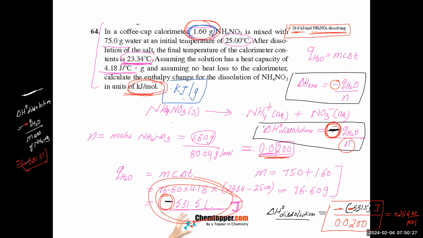Minus minus will become plus, divided by 1.60, joules per gram. You can convert joules to kilojoules and you'll get the answer. So please take care of this equation also. I've seen this question in one of the papers where they are not asking kilojoules per mole, they're asking kilojoules per gram.